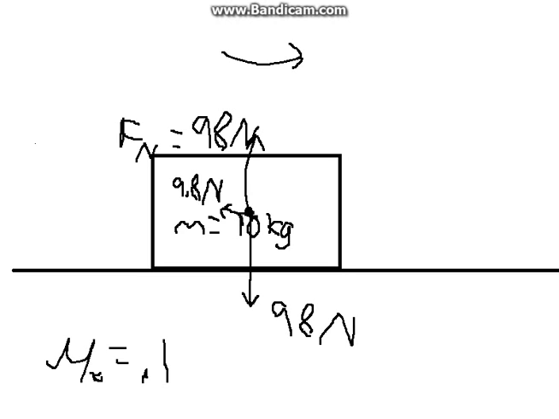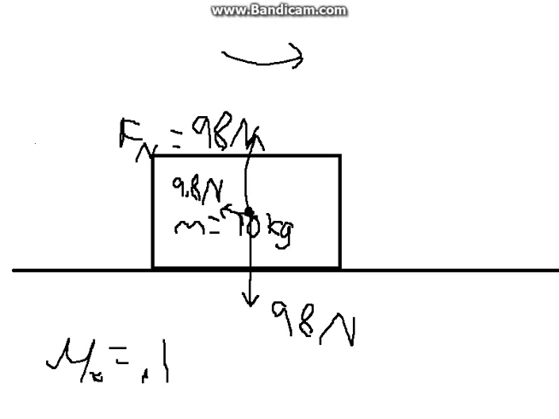So this question asks, what pushing force in the positive x direction, to the right, would be required for the box to accelerate 1 meter per second squared?